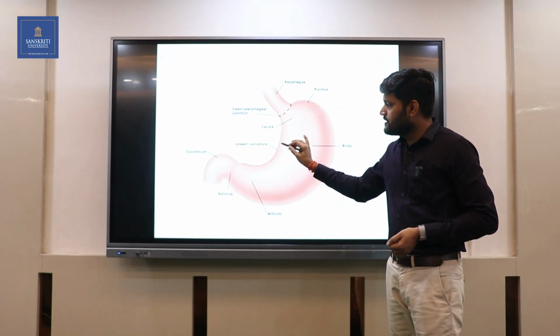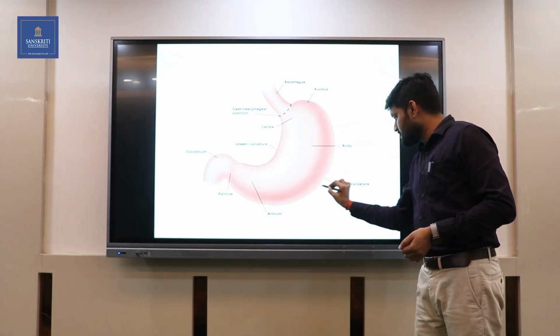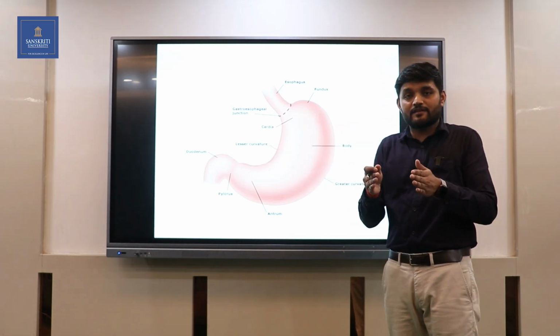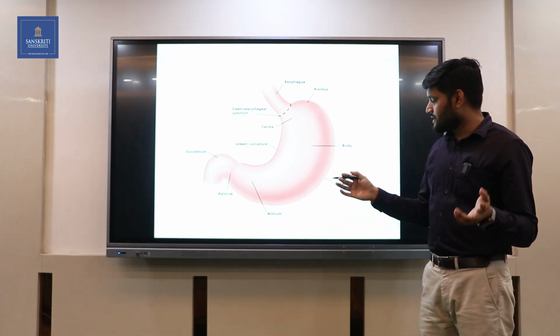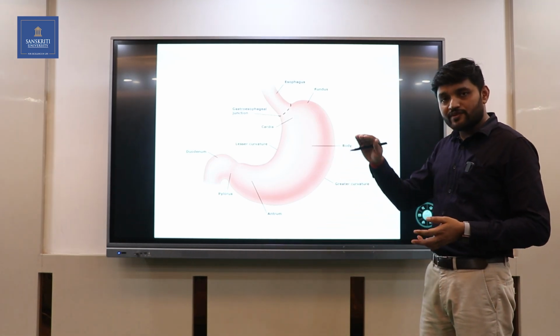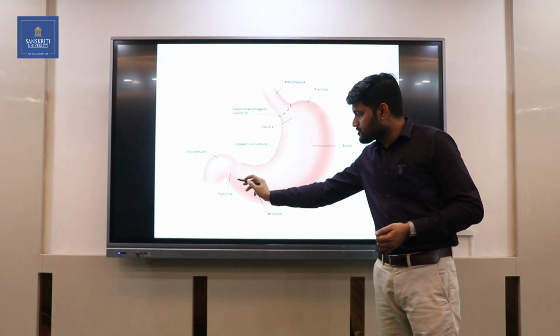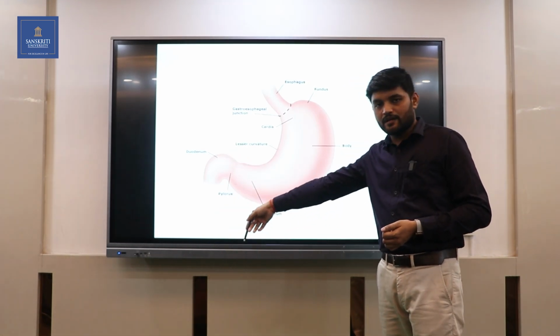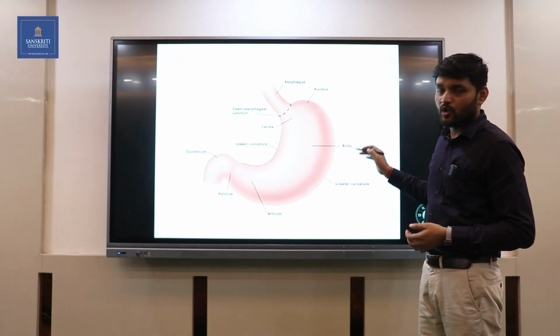This is the cardia, lesser curvature and the greater curvature. Lesser means less angle of the part and greater means more angle of the part. So curving is called curvature. Antrum of the stomach, pylorus, and below it continues the duodenum. Duodenum is basically part of the small intestine.